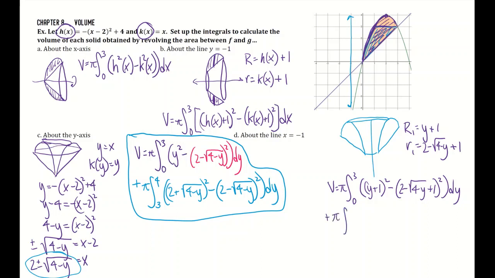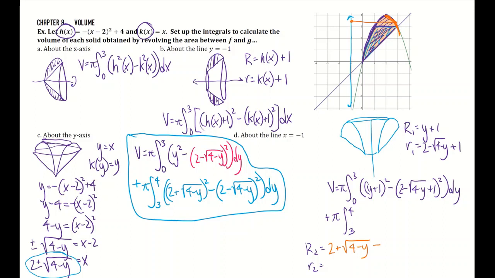Again, my bounds are between 3 and 4 because we're in the y direction. And I'm going to say big R sub 2 and little r sub 2. Your outer radius is going to be the distance between the axis of rotation and the positive side of your square root. So that's going to be the quote-unquote upper function, the one that's more to the right, which is 2 plus root 4 minus y.